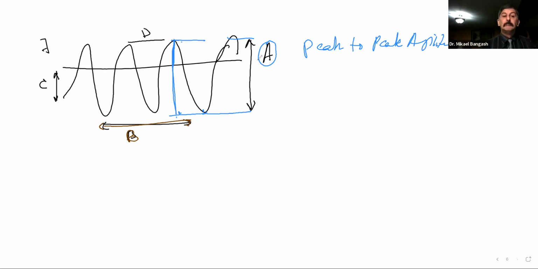No. Is that going to be the frequency? No. Is that going to be the wavelength? No. Then it's none of the above. It represents nothing. So for B, nothing.